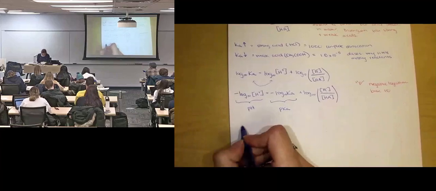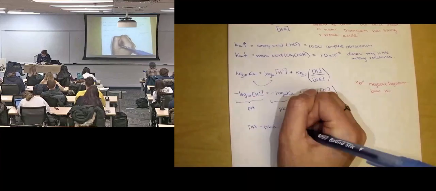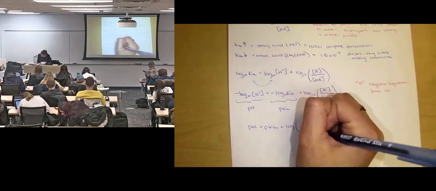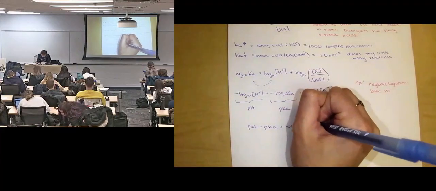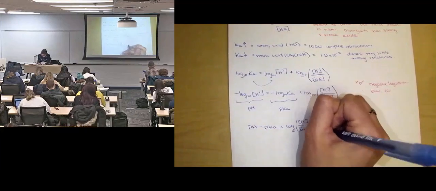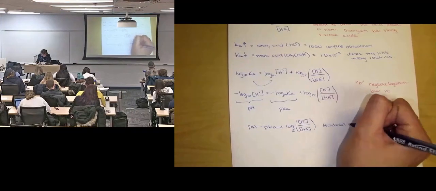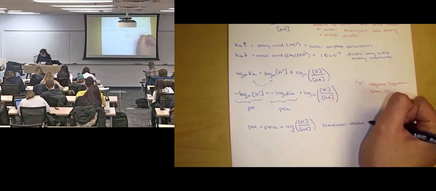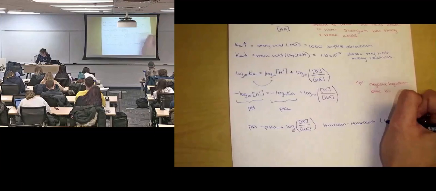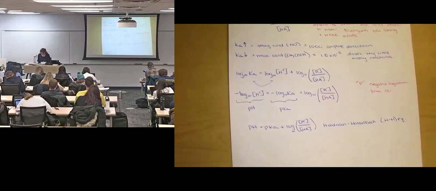And so this equation here, pH equal to pKa plus the log base 10 of the concentration of conjugate base over concentration of the acid, is called the Henderson-Hasselbalch equation, or HH is probably how I'll shorten it going forward.